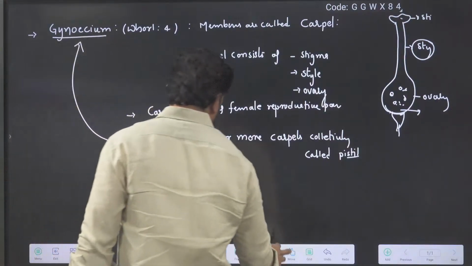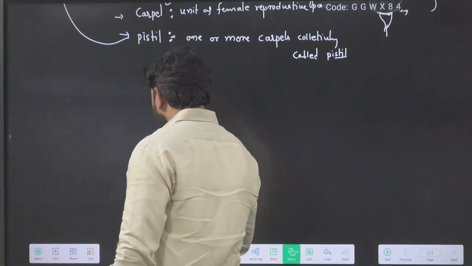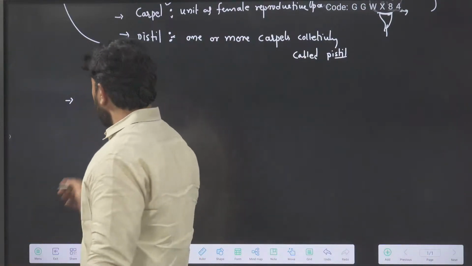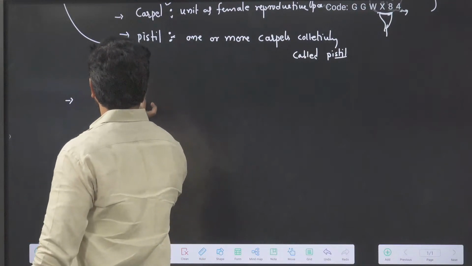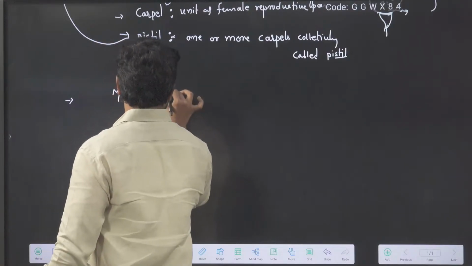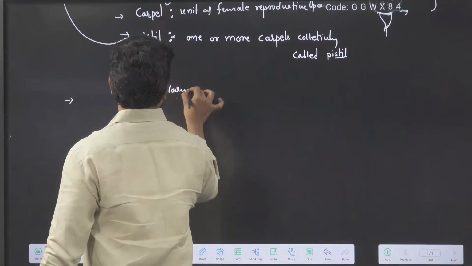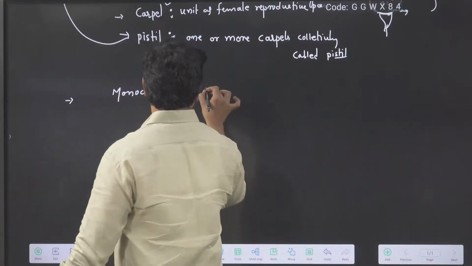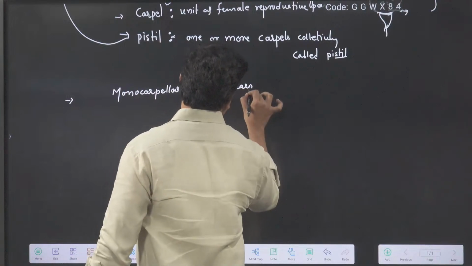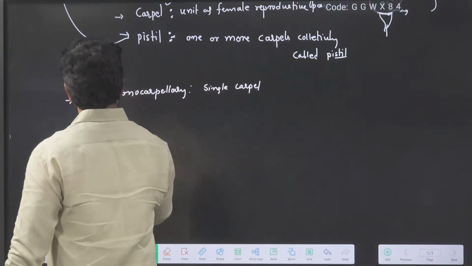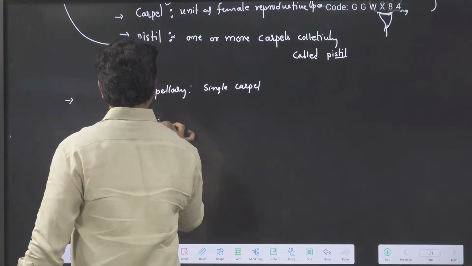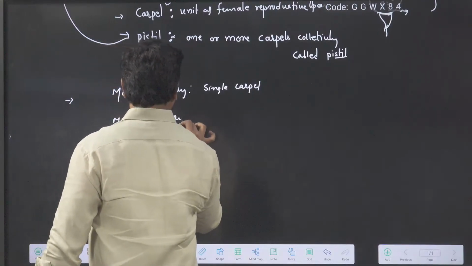In the pistil or Gynoecium, if a single carpel is there, the condition is called monocarpellary. Only a single carpel. Next one, multicarpellary. The name itself suggests there are many carpels.